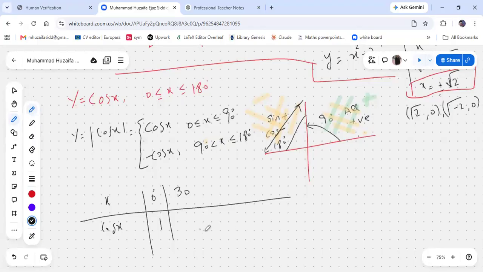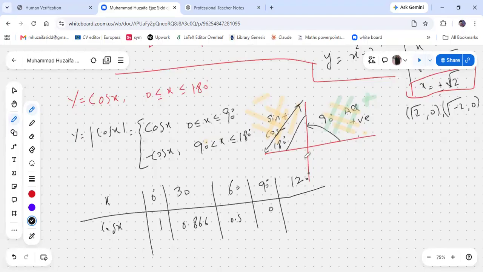So cos 30 gives us 0.866, and if we put 60, cos 60 gives us 0.5, or you can write half, and cos 90 gives us 0.